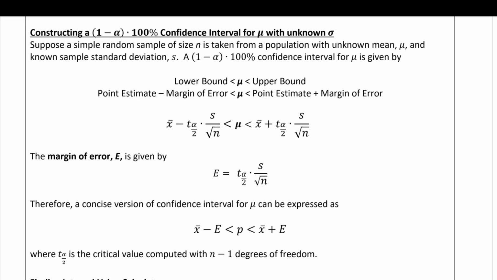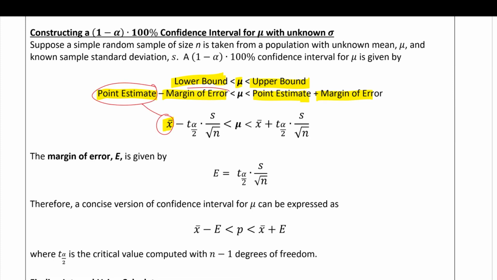Okay, so constructing a confidence interval for mu with unknown sigma. So just like before, we're going to have some lower bound for the population mean and some upper bound, right? So that population mean is going to be between two numbers, right? Now our best point estimate for the population mean is the sample mean, right? And then we're going to have to add and subtract off the margin of error, which in this case, so there's the point estimate.